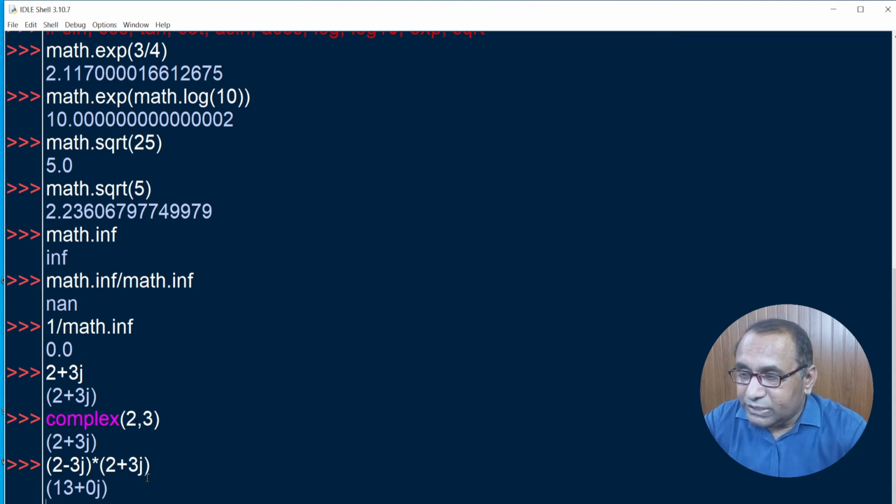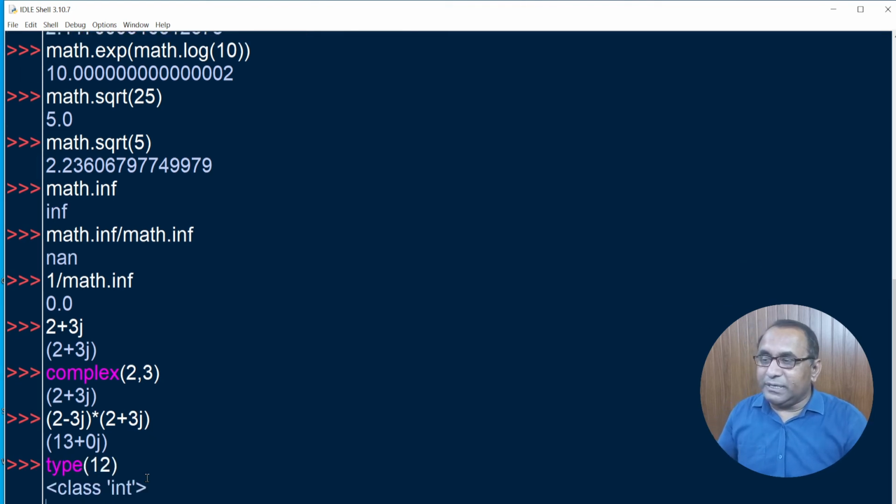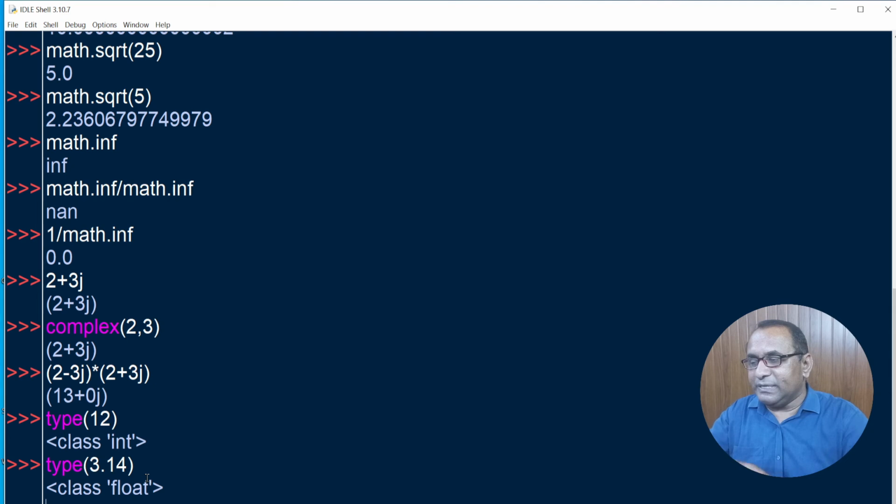The type function is used to find which class a value belongs to. See, if I want to check the type of 12, when you enter, you can see that the class of 12 is integer. And if you want to check the class of this number, 3.14, when you enter, you can see that the class of 3.14 is float.